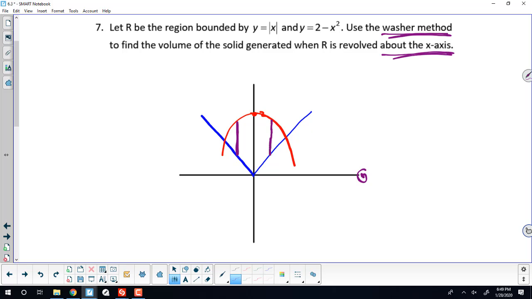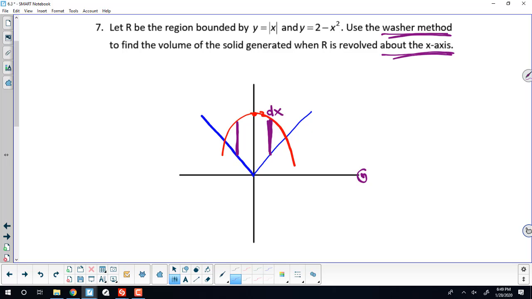So here's our rectangles. They have a thickness in the x direction, dx. Notice my crummy drawing doesn't do it justice, but there is symmetry here.